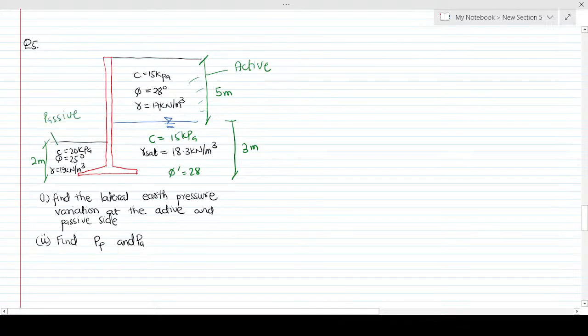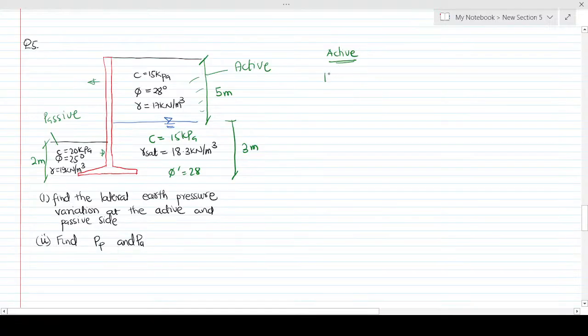Because the soil here will try to move the retaining wall in this direction, pushing against it, and the soil on the other side will try to push it inside. That's the basis for the active and passive. Now you take them one after the other. It's very simple. You take them side by side, not at the same time. So we will take the active case for instance.